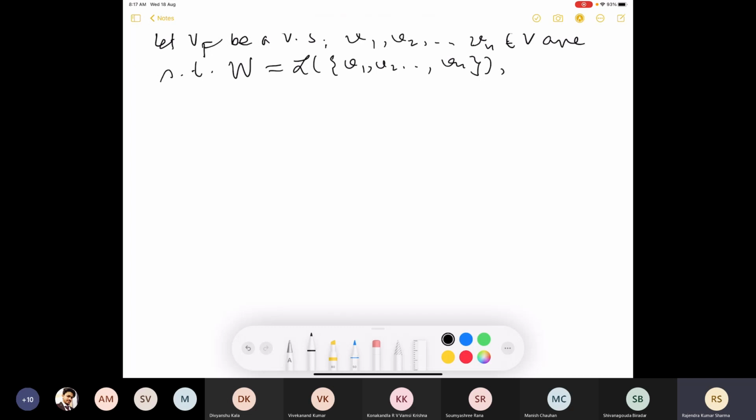Then we can find out a subset of this. So suppose this is S, then there exists a subset T of this S. That means some of these only are required, such that you can rename them, say again V1, V2, Vk.